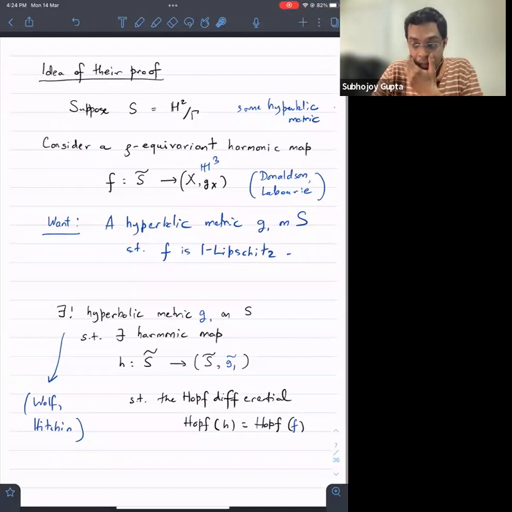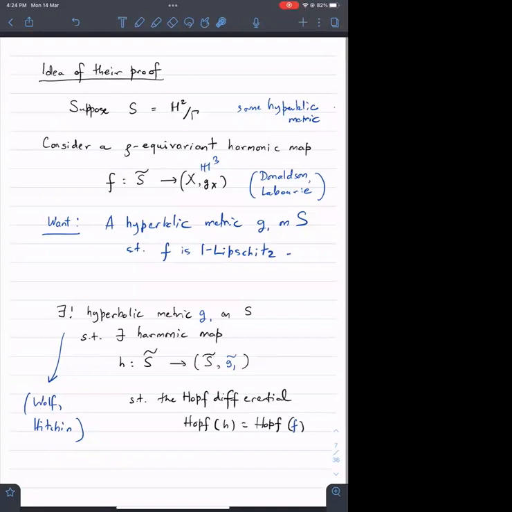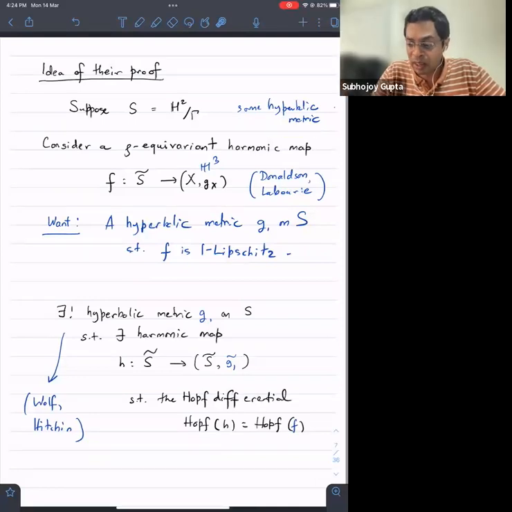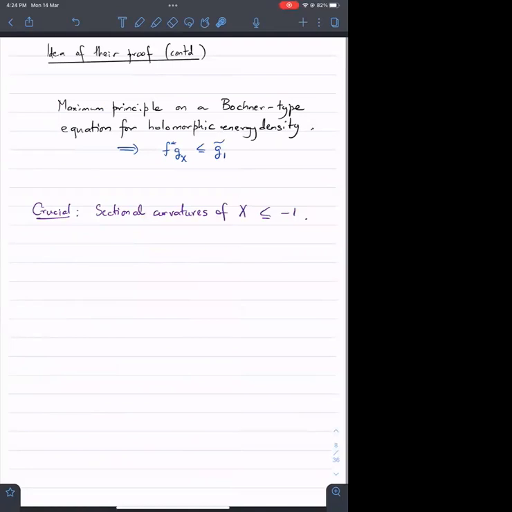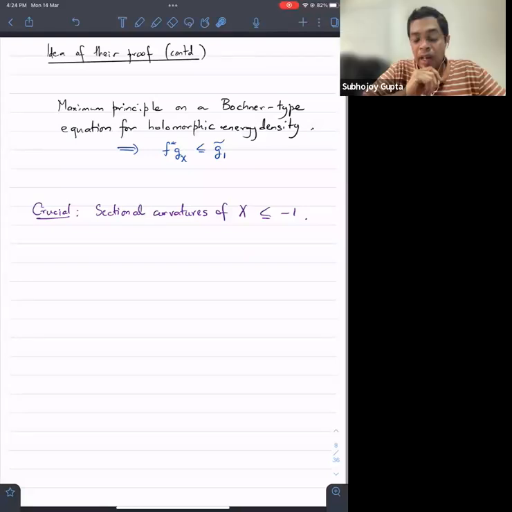So what you started off with wasn't quite the correct hyperbolic metric to look at, but then you can find the correct one. Essentially, you're moving in Teichmüller space according to the quadratic differential that you obtain from your abstract map to X, so you're moving to a point which is closest in some sense to the map. Yes, you can think of it that way.